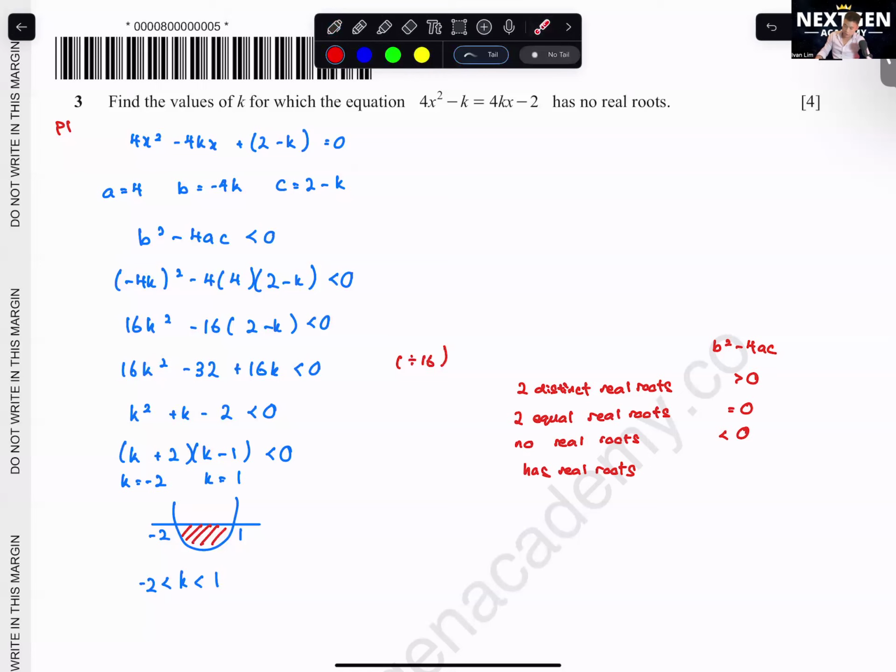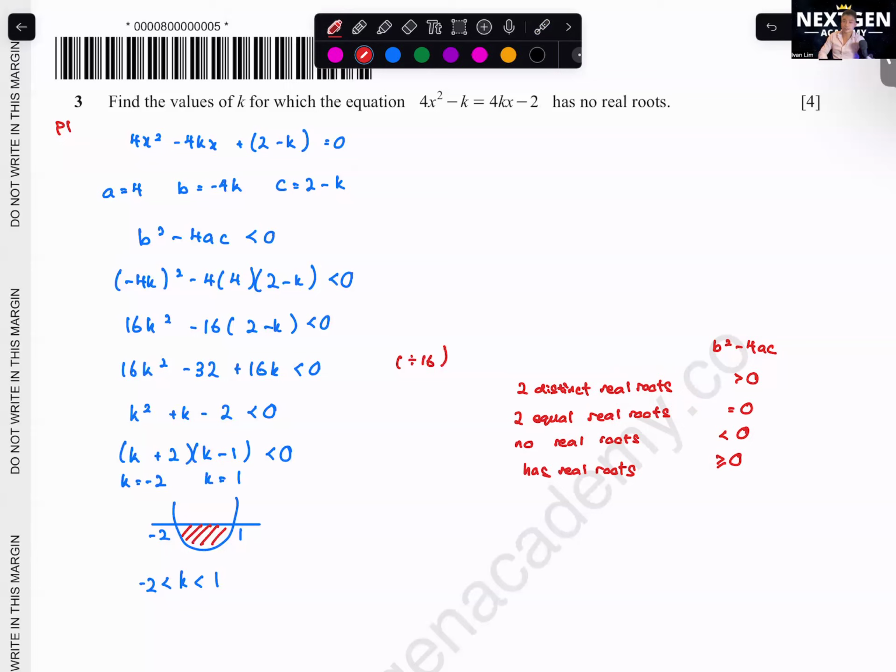Has real roots is a combination of the first and the second one, which is b squared minus 4ac more than or equals to 0. Not more than 0. One distinct real root, no such thing. There's no such thing as one distinct.